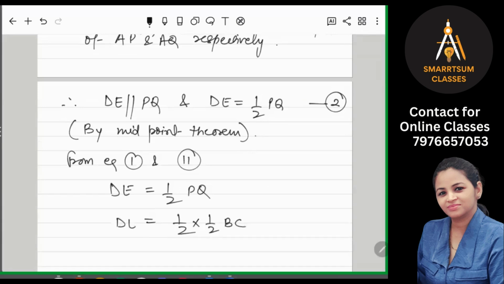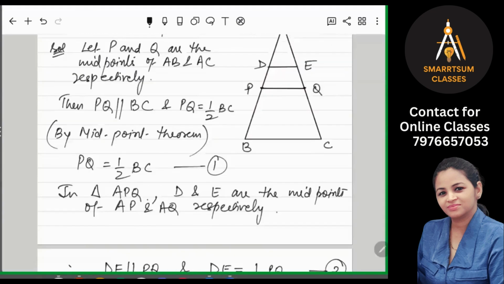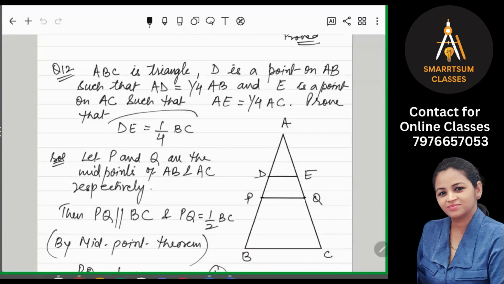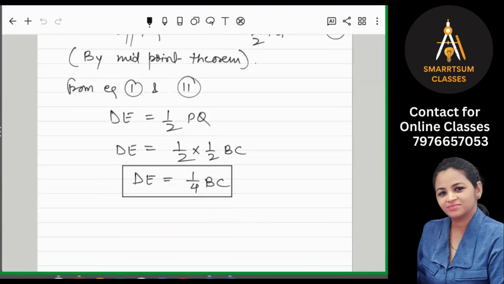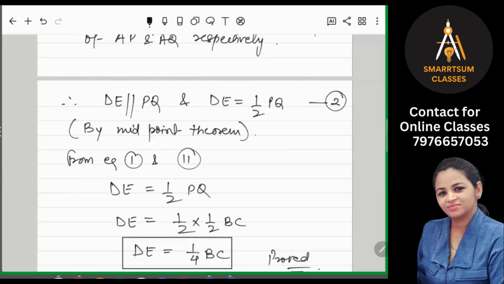So we can easily prove that DE is equal to 1/4 of BC. The same thing we have to prove in this question, that DE is equal to 1/4 of BC. So we have proved it here, and hence it is proved. I hope you are getting it. Please note it down.